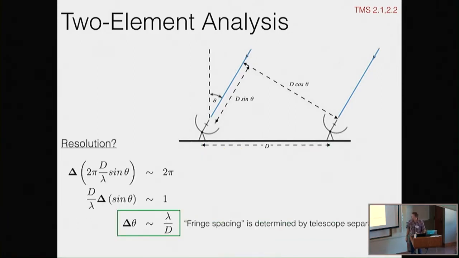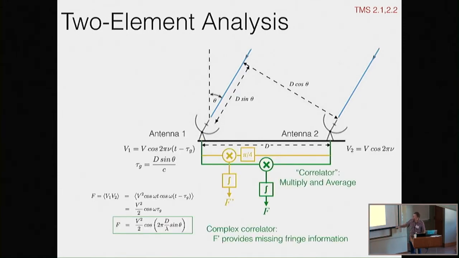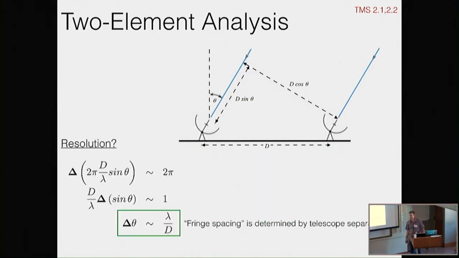Okay, before we make this interferometer any more complicated, let's talk about what this simple picture tells us about what interferometer resolution is. So in order to see that a source has moved on the sky, we want to move this argument of the cosine function by about 2 pi, right?